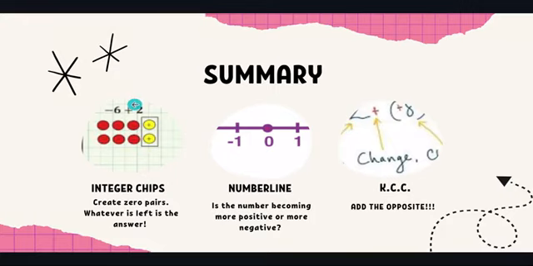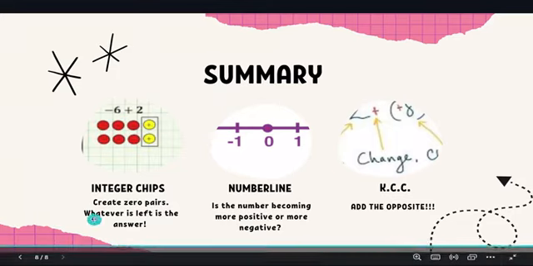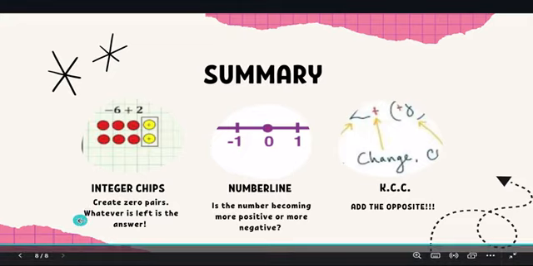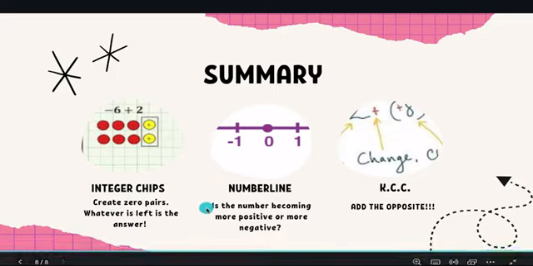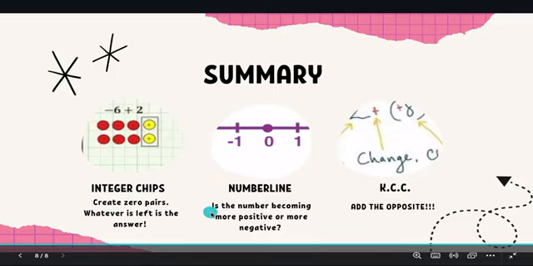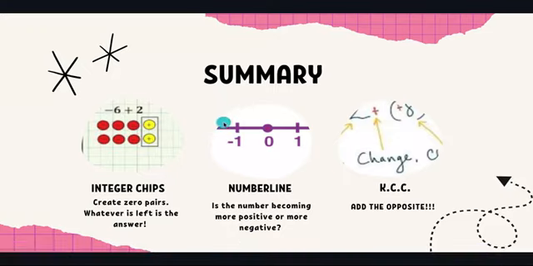Okay, so let's summarize what was taught. When we use integer chips, we create 0 pairs, and whatever is left is the answer. When we use the number line, we ask ourselves, is the number becoming more positive or more negative? If you are adding negative energy, you're going to go to the left.